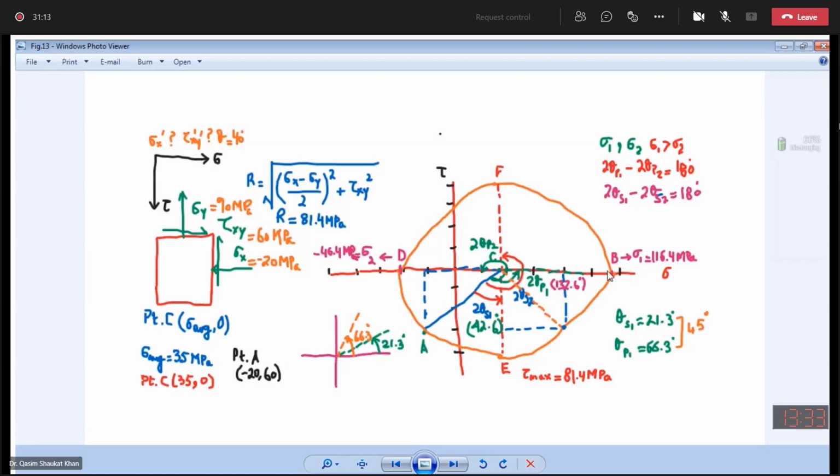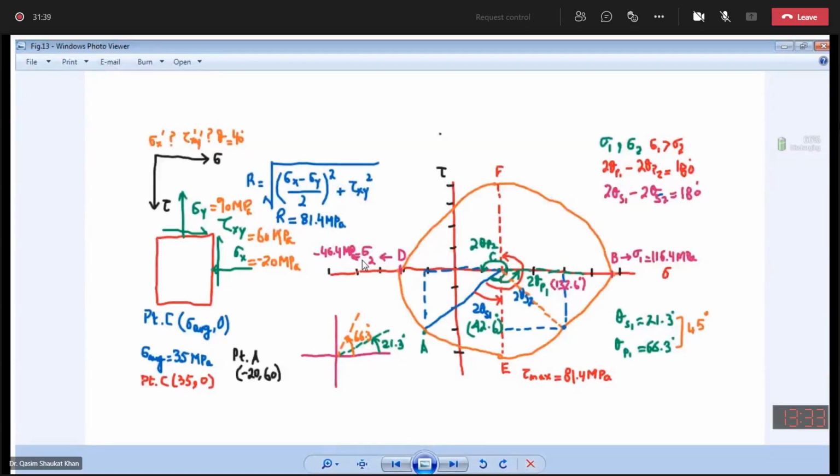So these 2 points B and D. B represents the major principal stress and it is sigma 1. D is the minor principal stress, smaller than sigma 1.